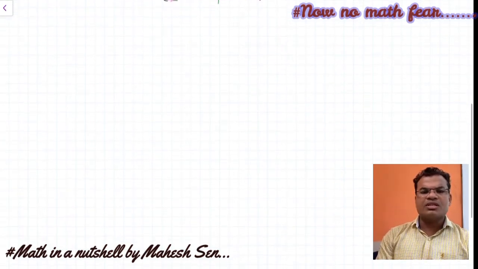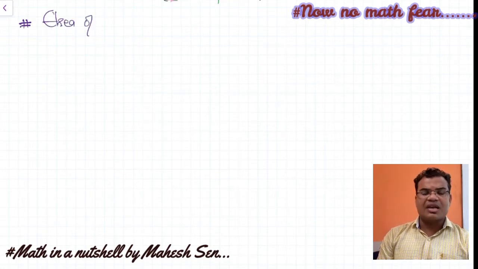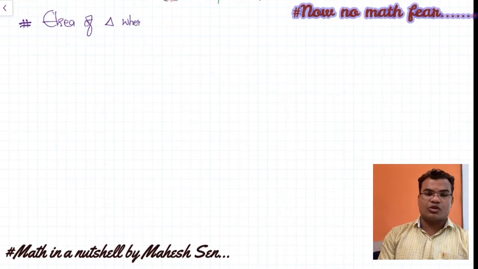We are moving towards the next concept. The next concept is very simple, and that is the area of the triangle. But this time, when we are finding the area of the triangle, we are not given the sides, or the height and base. We are given the vertices of the triangle, whose coordinates are also given.